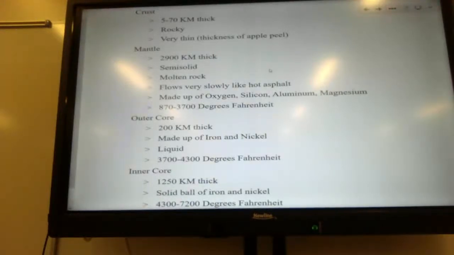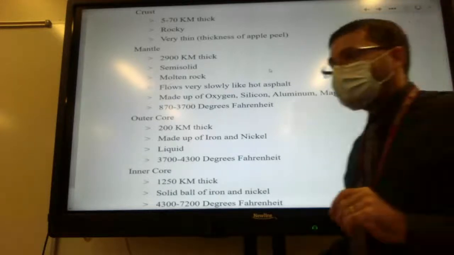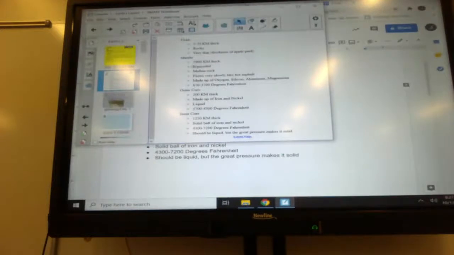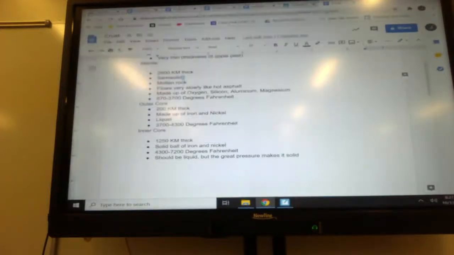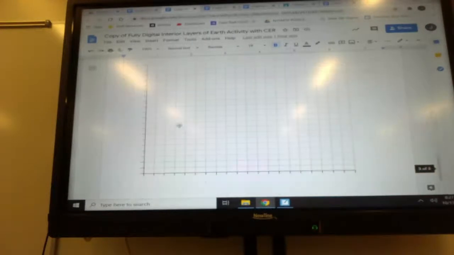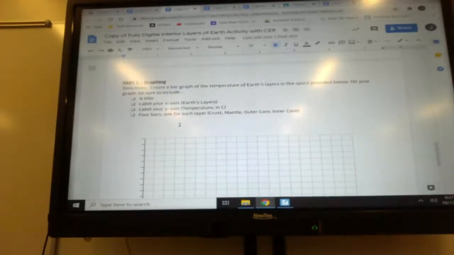Oh, one other thing I want to point out, sorry. On the last page, you have to make a bar graph, all right? And a bar graph is going to represent the temperatures. So again, the further you go down, what happens to the temperature?